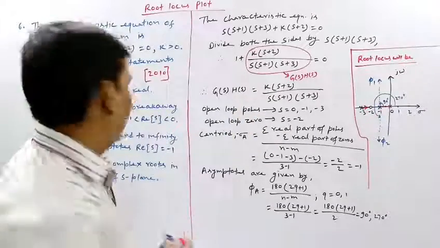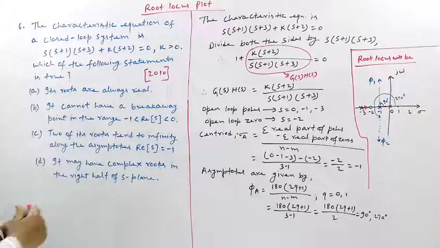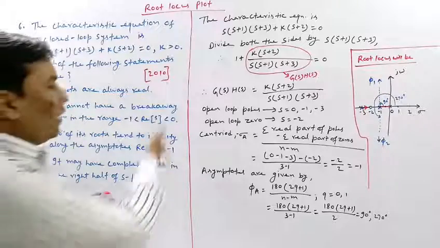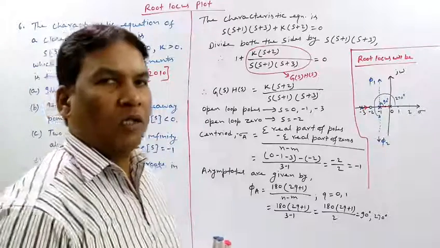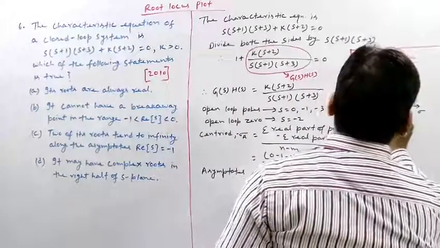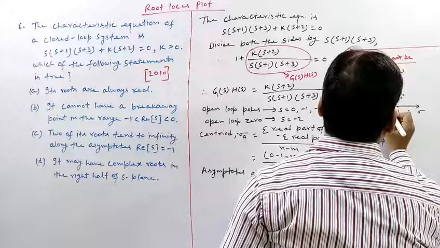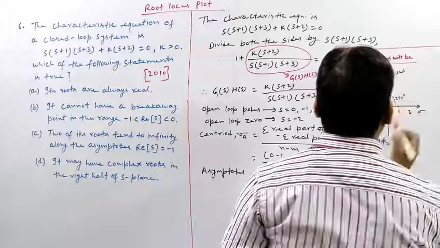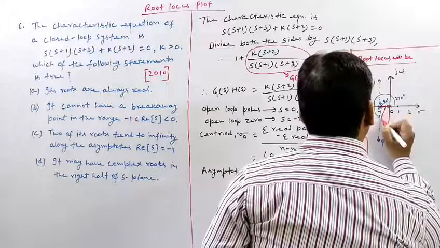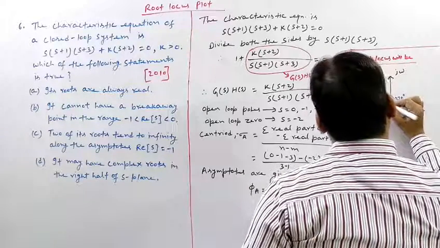But since the options do not mention the breakaway point, there is no need to calculate it. So one branch will come from here and another from here, and they will meet at this point, and after meeting they will break away and go like this.